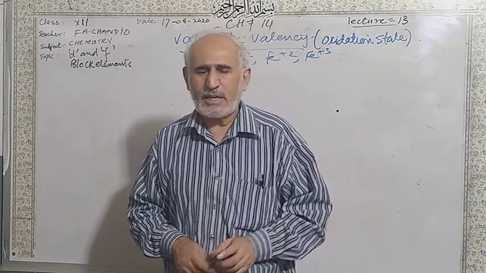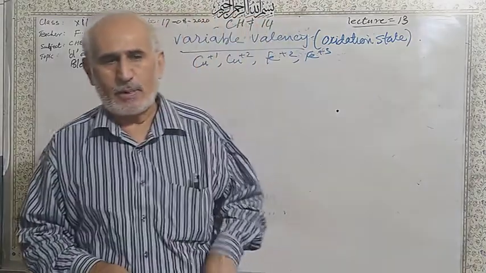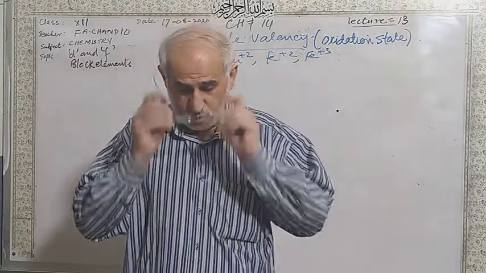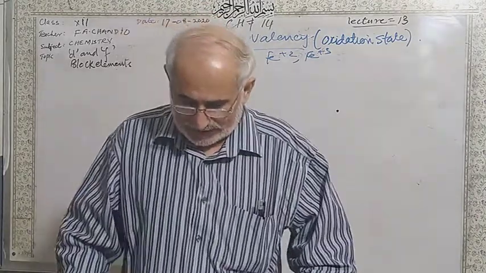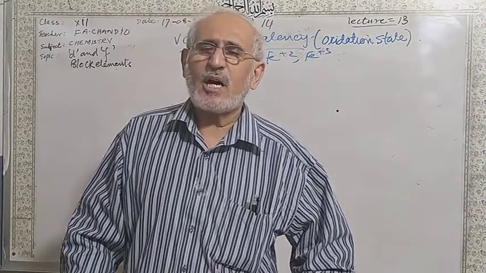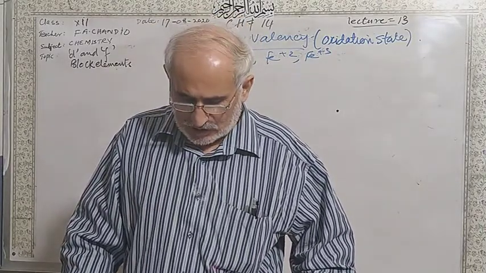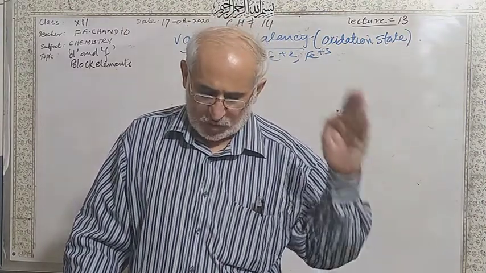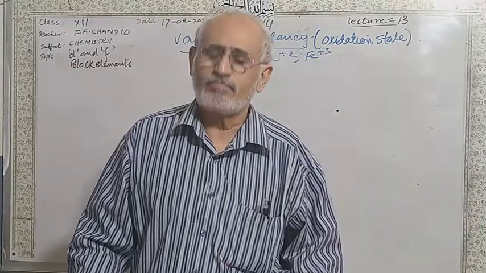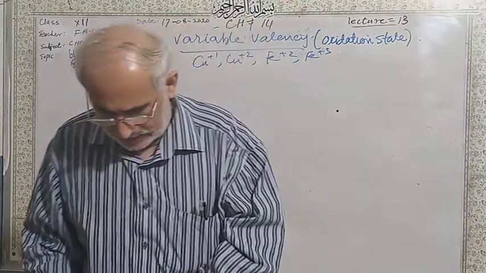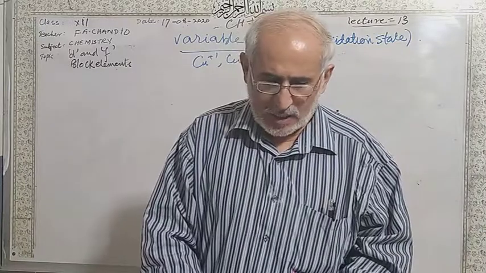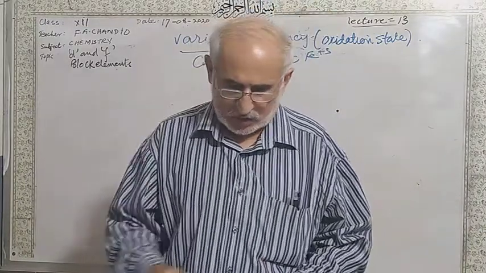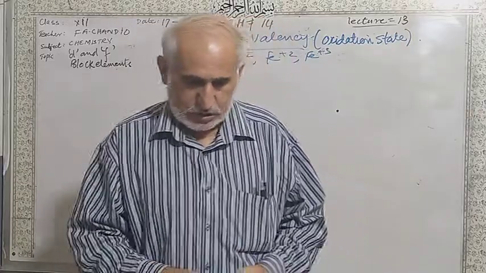Zinc sulfate, zinc chloride, zinc nitrate are compounds in which zinc has a +2 oxidation state because of the absence of unpaired electrons. 3d is filled with 10 and 4s is filled with 2. Due to this reason, dear students, this is about the variable oxidation states of the d series.